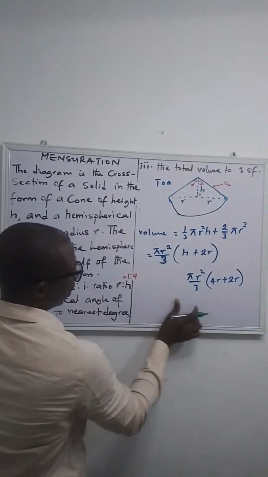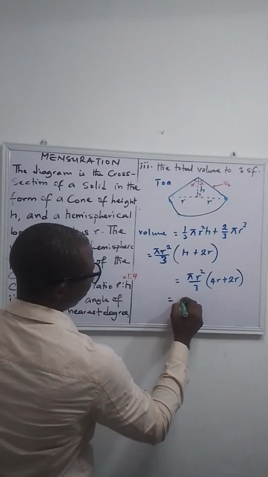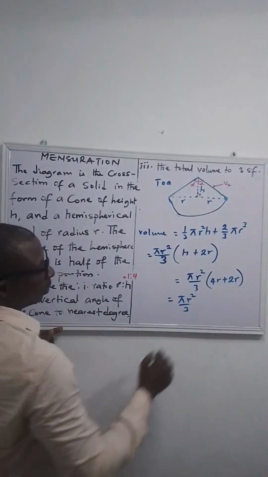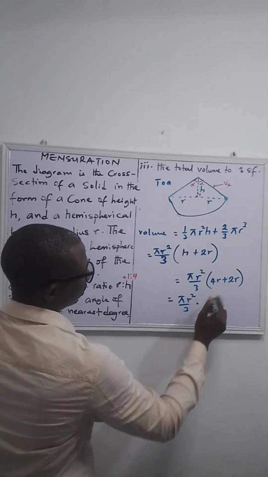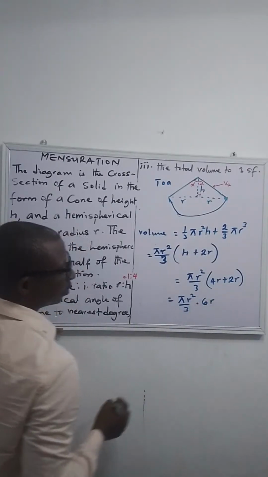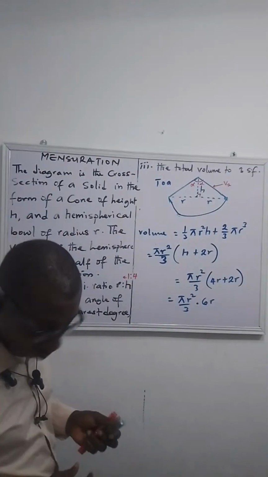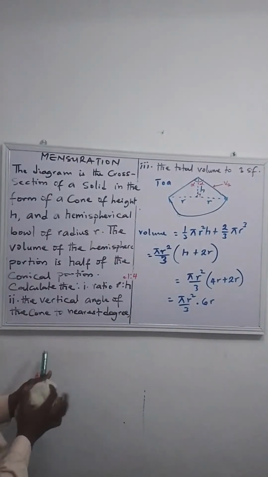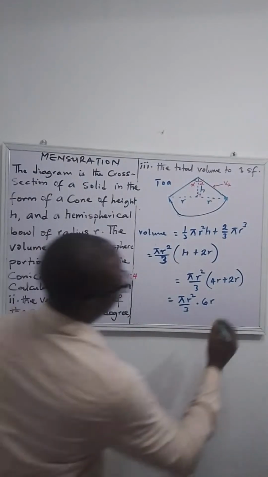Okay, so now we have pi r squared over 3 times, when you add this together, you have 6r. So what's going to be the total? Let me write it here.